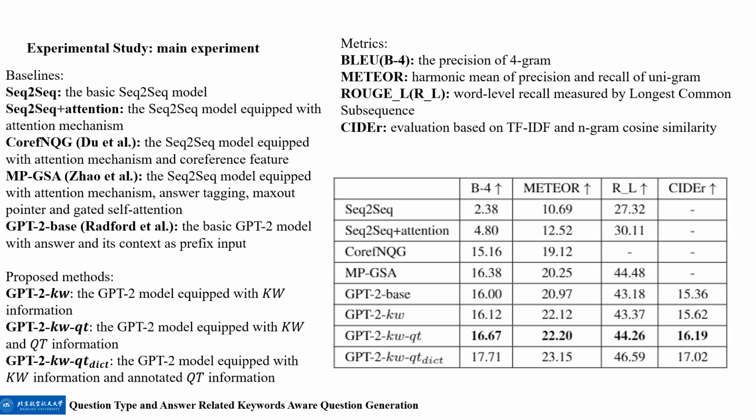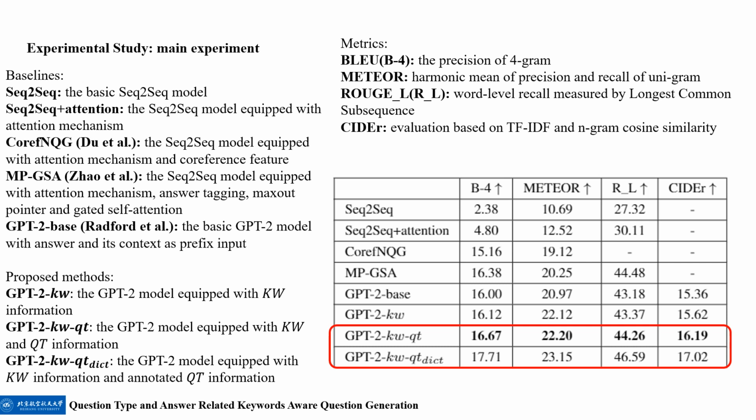It can be found that GPT-2 equipped with the keyword and question type information outperformed all the baseline models, while it can be further improved with annotated question type information as input. Those results demonstrate the effectiveness of external information for question generation.